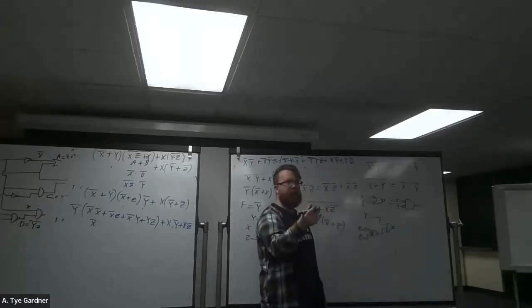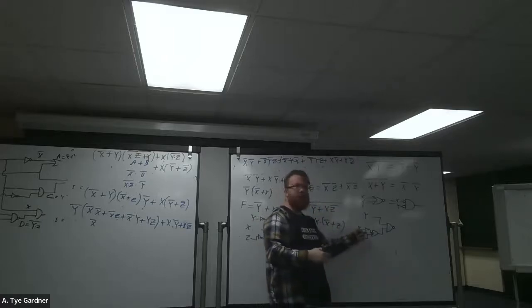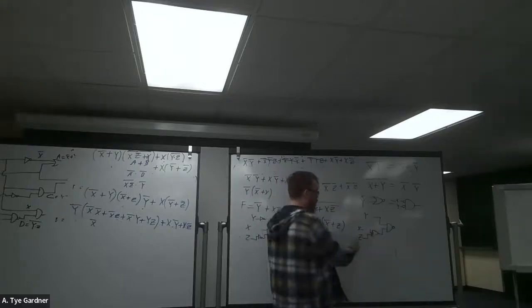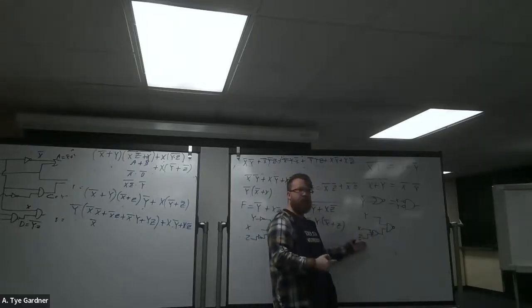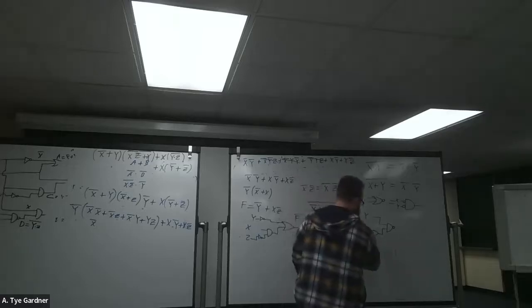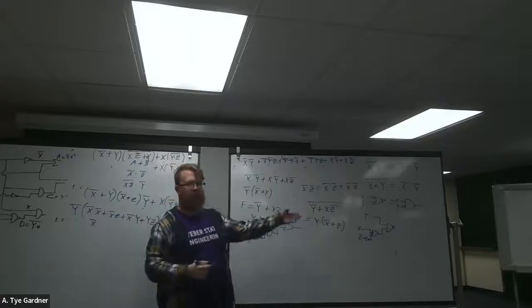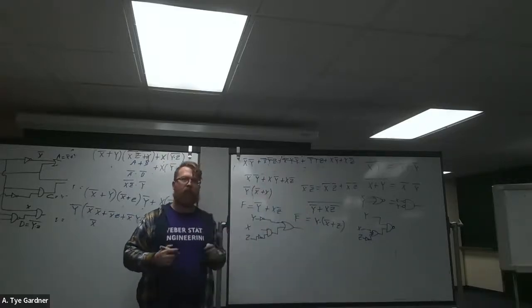In order to keep it the same, I need to push bubbles along. One of those bubbles runs into this inverter and cancels out, because not is the same thing. Then I push a bubble here, but there's nowhere for it to run into, so I just add an inverter. And now they're NAND. Or I could leave the inverter and turn it into NORs.